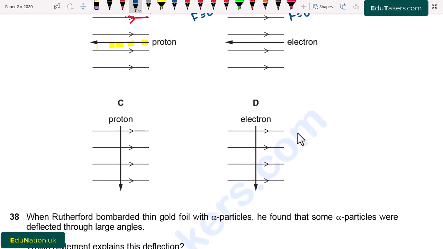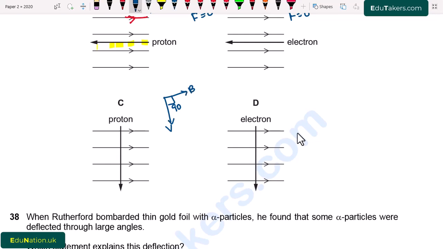Here in option C, we can see the proton is moving from top to bottom and the magnetic field is from left to right, so there is an angle of 90 between them. We have to find out the direction of force. First of all, this is the direction of motion of the particle, while this is the direction of the magnetic field.